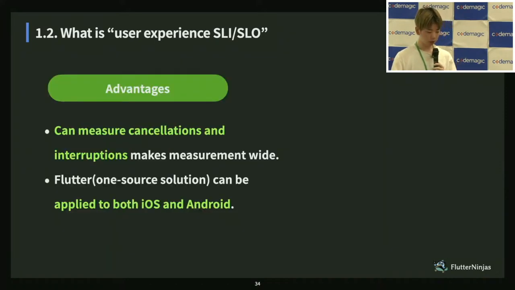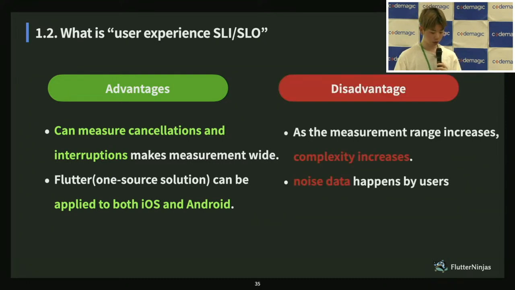There are two advantages to user experience SLI, SLO. First, this makes it possible to measure cancellations and interruptions. Second, if using Flutter, the measuring code can be applied to both iOS and Android or any other platforms. There are two disadvantages as well.